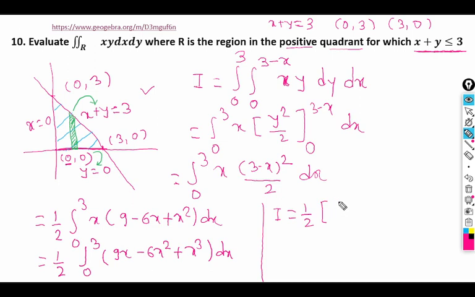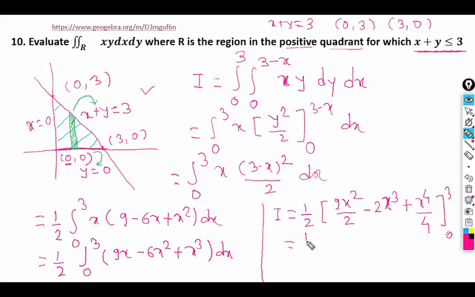So it is 9x square by 2, then minus 6x cube by 3, 6 by 3 is 2, so minus 2x cube only, plus x to the 4 by 4, and limits 0 to 3.